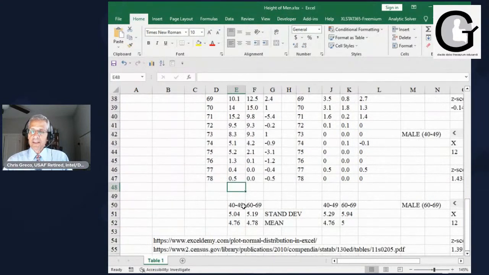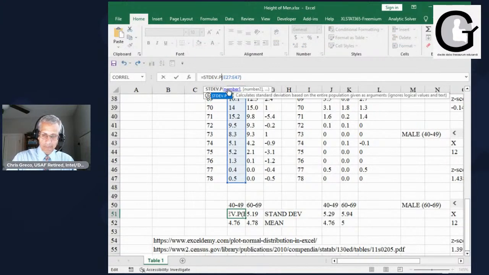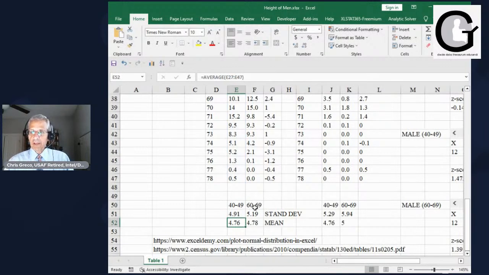Well, first of all, I took the standard deviation and the mean from each of these, and it was relatively easy. Matter of fact, you can see it right here, STDEV. Now, you took the sample because it's a sample, right? I could have done population. That's fine. Either one. In fact, I can change this from S to P and do it that way.